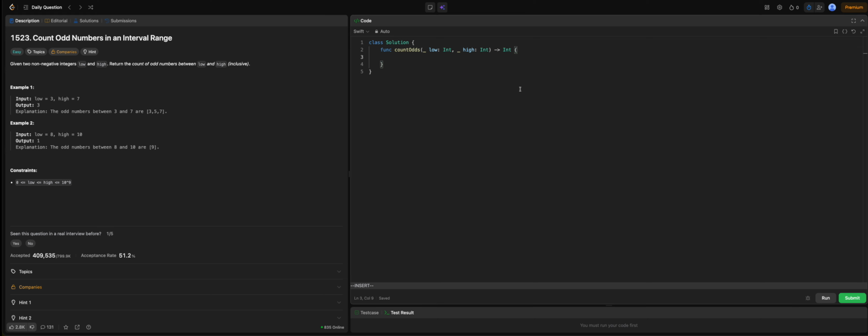So what we can think of is, just create one variable, res. And then I'm going to do, for num in low to high, since it is inclusive, if num mod 2 has a modulo of 1, we're going to do res plus equal 1, and we just return the res here.